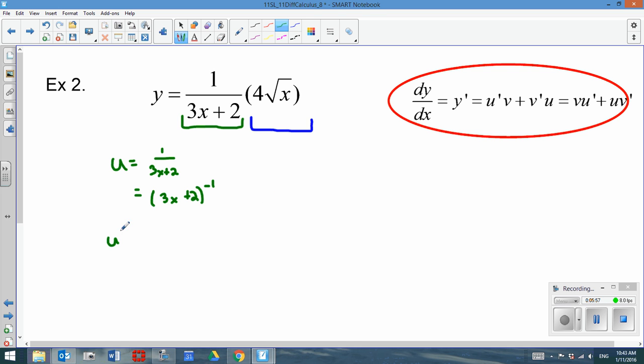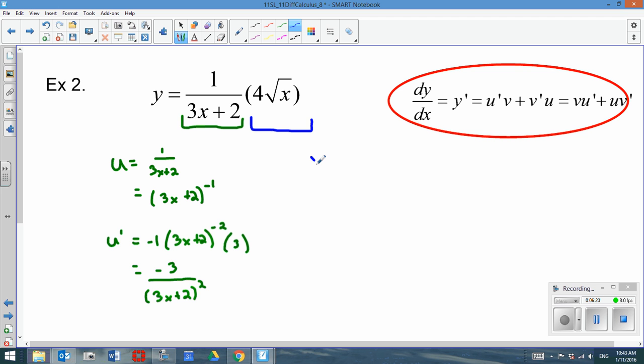So therefore, when I take the derivative, I'm using the chain rule. Negative 1, 3x plus 2 stays the same. Drop 1 from the exponent, so now I'm at negative 2, and then multiply by the derivative of the inside. Clean that up a bit, so 3 and negative 1 will stay in the numerator. And then your 3x plus 2 is now squared in the denominator.